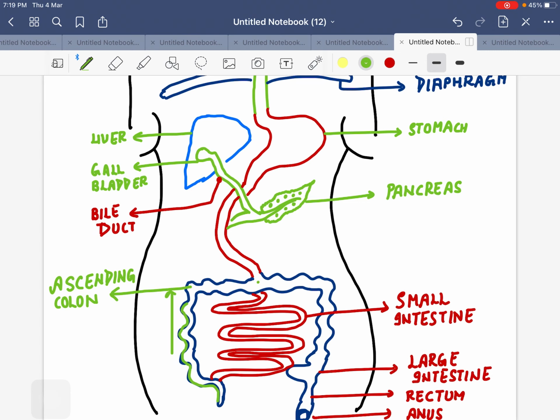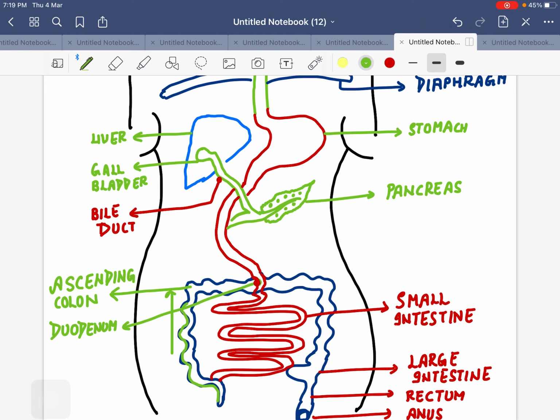And now the part which is here, this portion, this is your duodenum, right? This is duodenum. And then there is this portion here, which is the portion of your small intestine actually, like this.